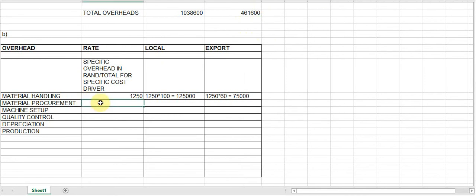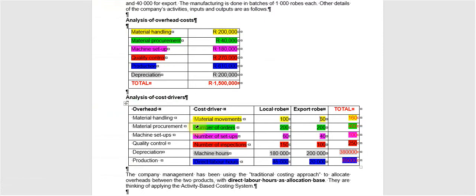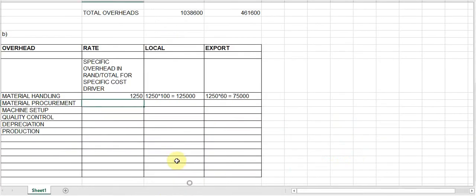Right, moving on to my next rate, I am going to take then the 40,000 of procurement. I need to divide it by the total of the specific cost driver that goes with it. And that was the number of orders, and the total was 400. So it will be 40,000 divided by 400. So I'm calculating the rate, 40,000 divided by 400.